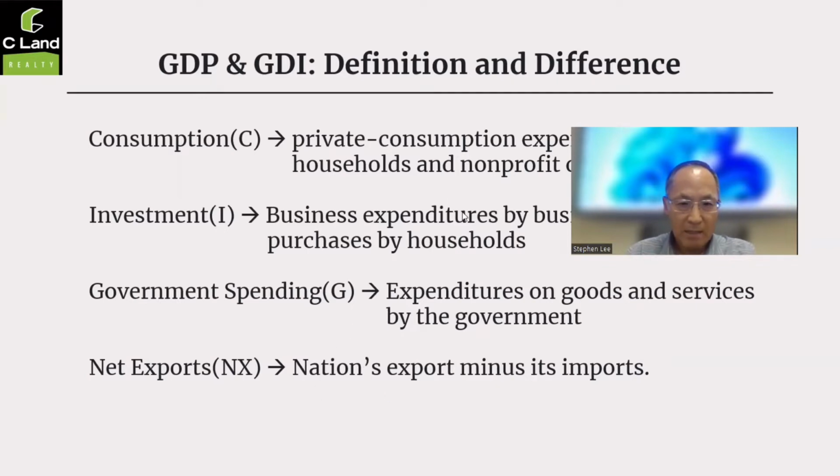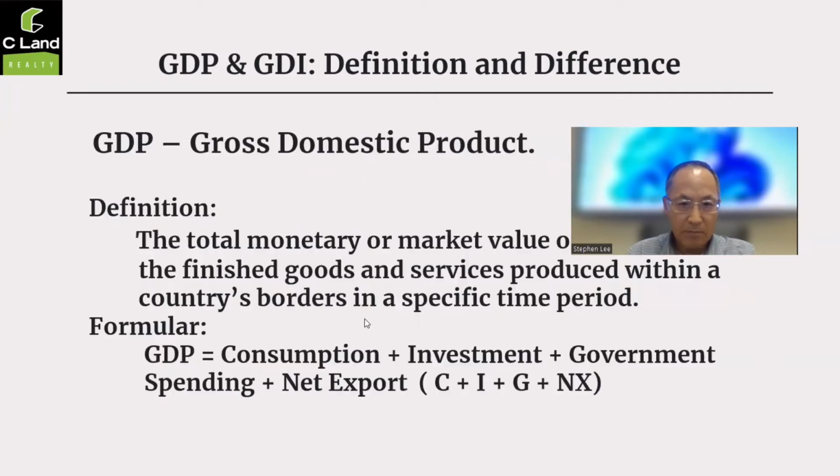So we add up all this, it becomes a GDP, okay? And then basically we're talking about the growth of GDP. So compared to last quarter, is increased or declined, okay?